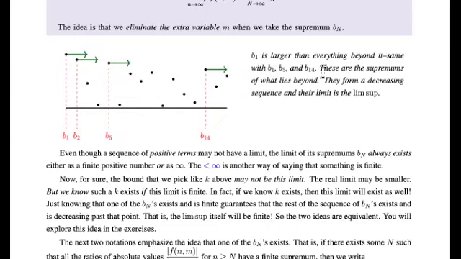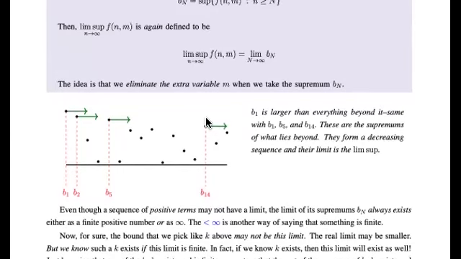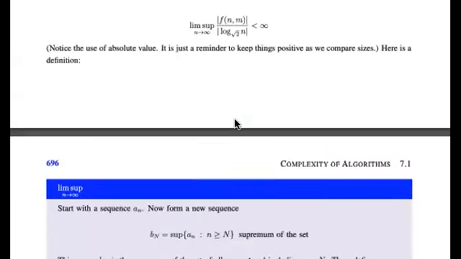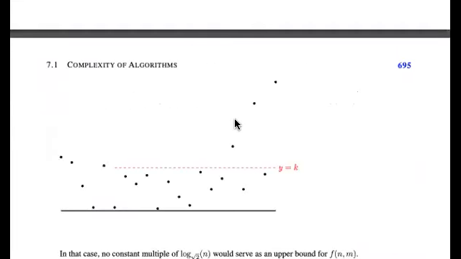If that limit exists, then for sure along the way you actually have these supremums past a certain point, and that's all we really needed. We just wanted, after a certain point, the ratio to be bounded between the two.